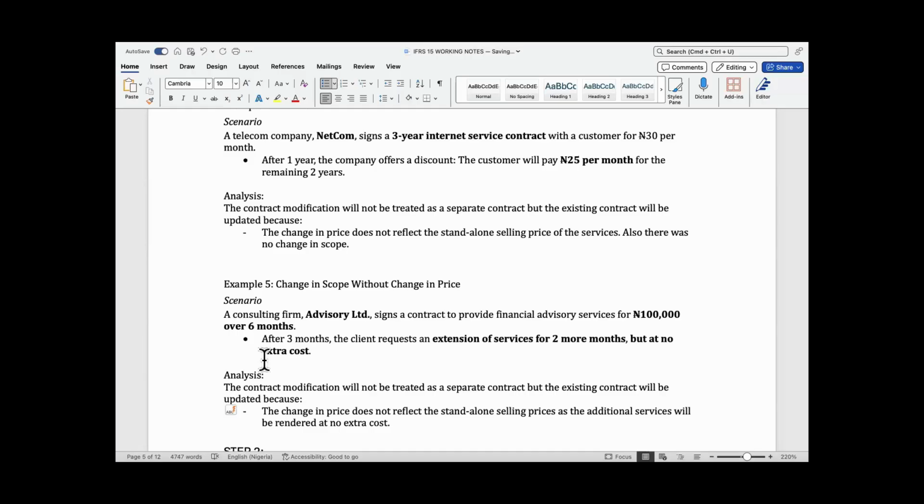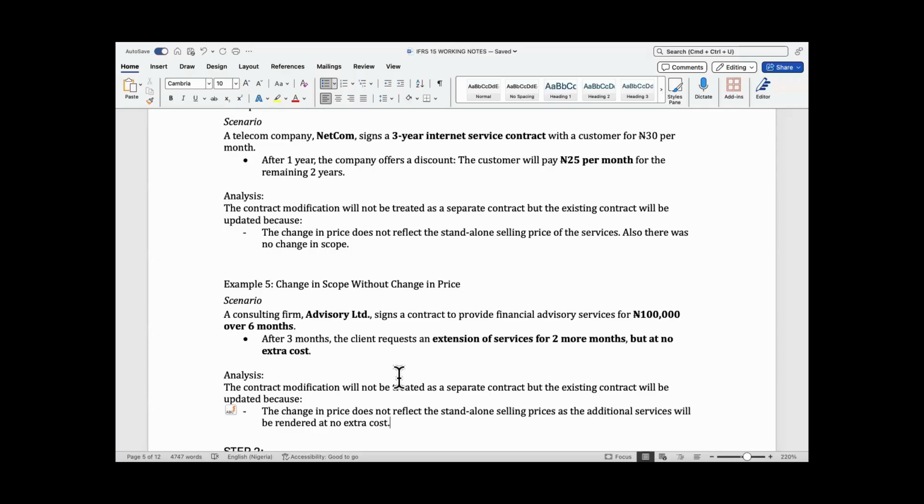Okay, so those are just scenarios for you to get used to contract modification. So you can only treat a modification as a separate contract if the change in scope is because of addition of goods or services, and the change in price actually reflects the standalone selling prices.